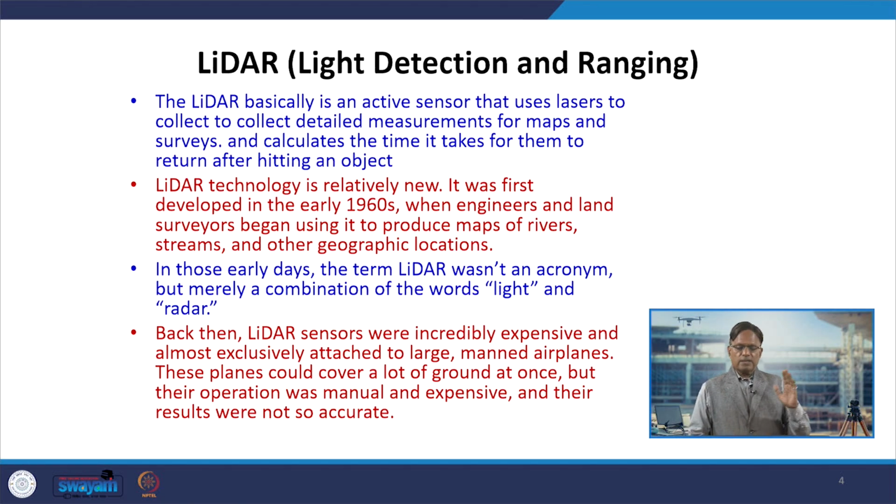Back then the LiDAR sensors were very expensive and it was not possible to afford them for survey work or in manned aeroplanes. These planes could cover a lot of ground at once, but their operation was done manually and it was expensive. Therefore, the results were not so accurate and LiDAR was not popular at that time.